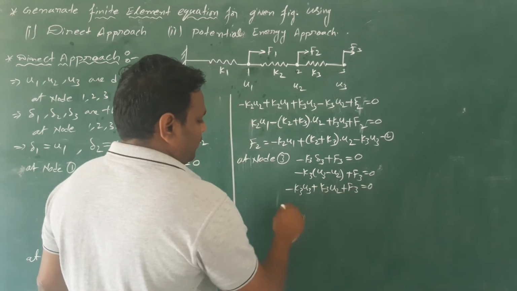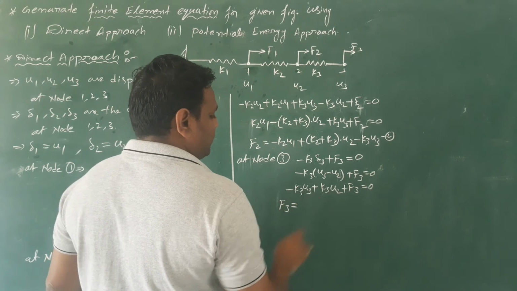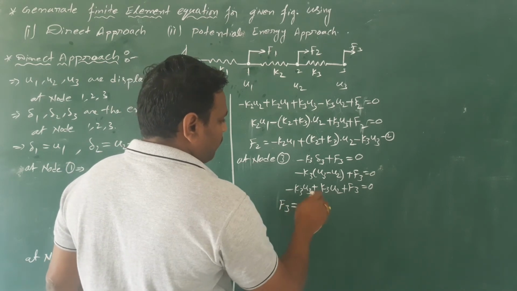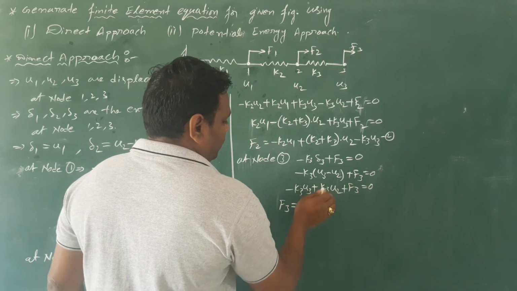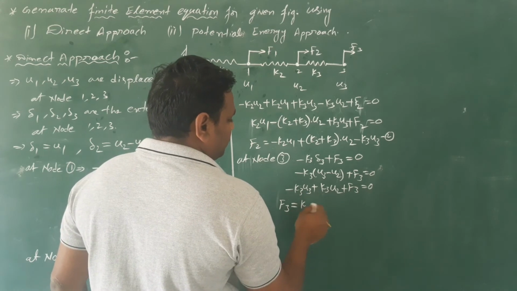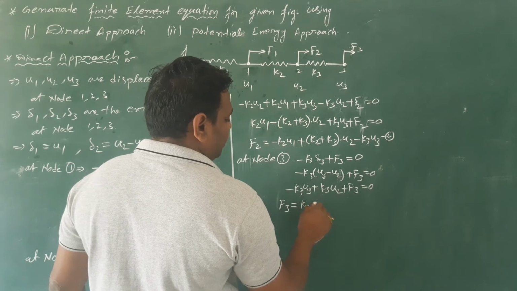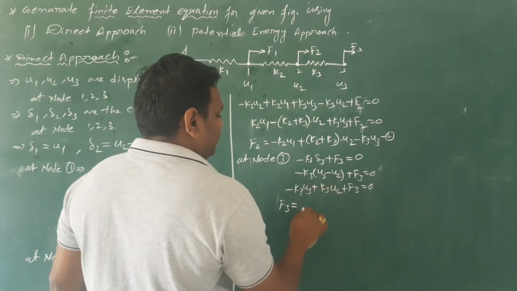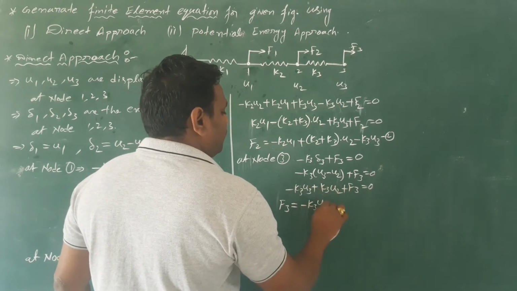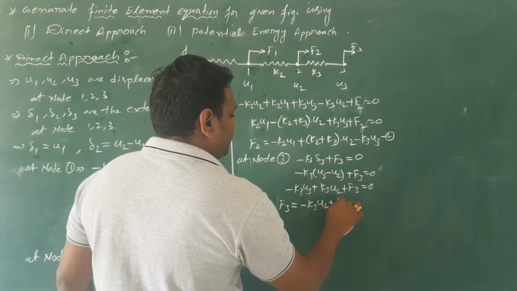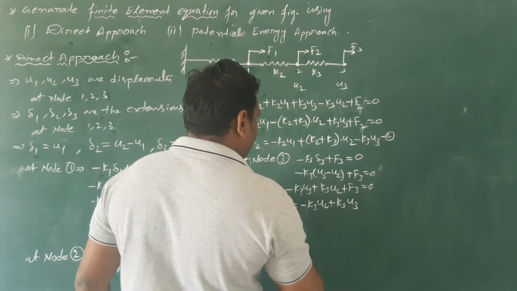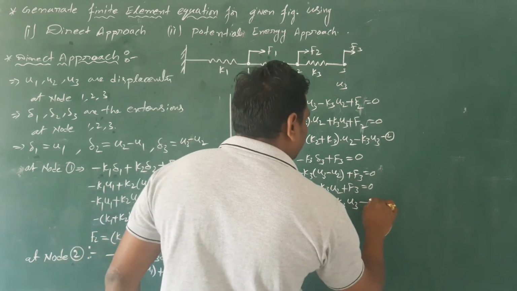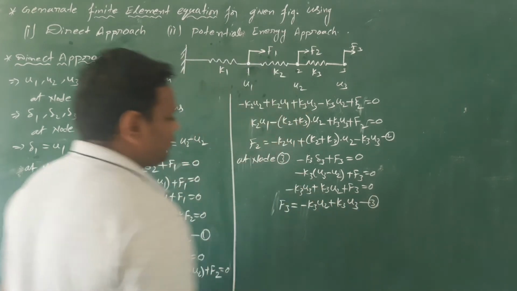Then write the F3 equation: F3 is equal to minus K3 U2 plus K3 U3. This is the third equation.